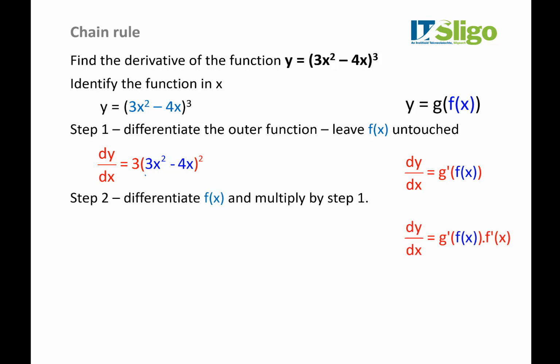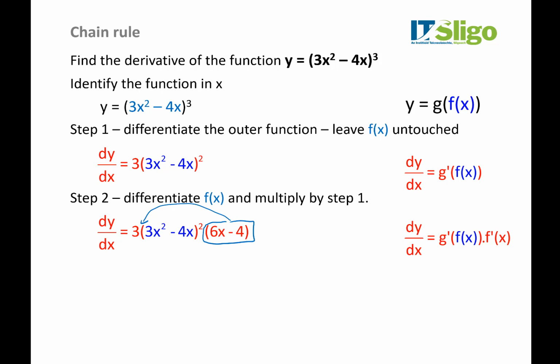So when we differentiate this bit, this comes to 6x minus 4. So here's step 1, and there's step 2. And finally now there can be a little bit of tidying up. This bracket here moves to the front, where each bit is multiplied by 3.